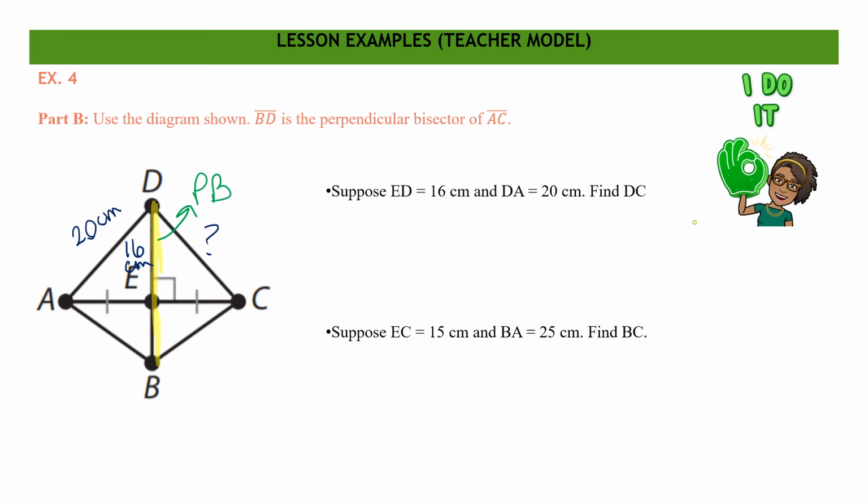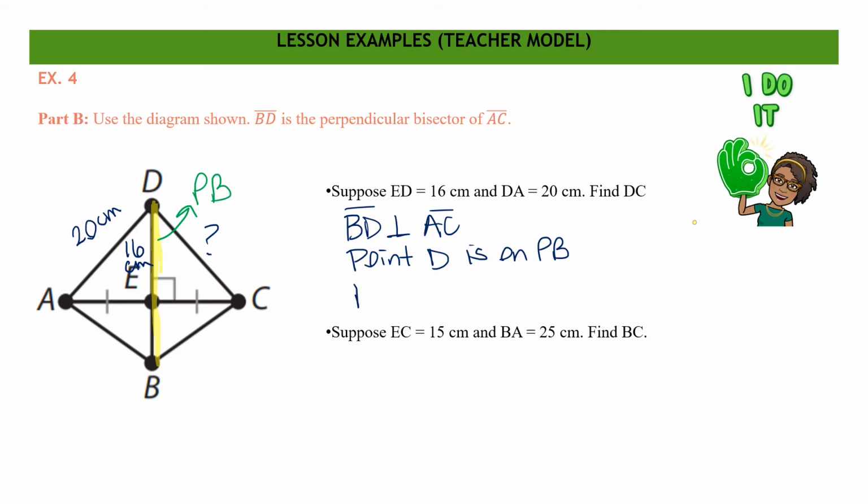So let's work out what we already know. We know that BD is perpendicular to AC. We know this is true. And if BD is perpendicular to AC, we know point D is on the PB, on the perpendicular bisector. So if point D is on the perpendicular bisector, then what do we know from the distance from A to D and from C to D?